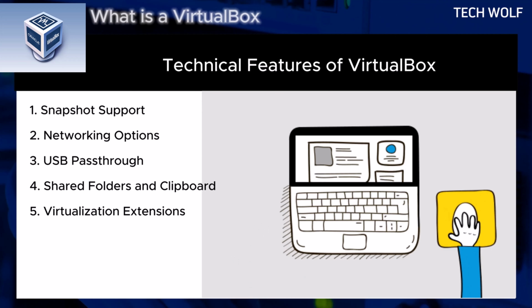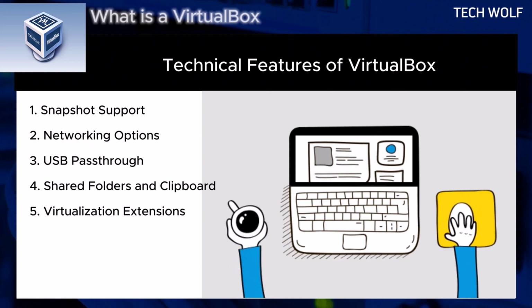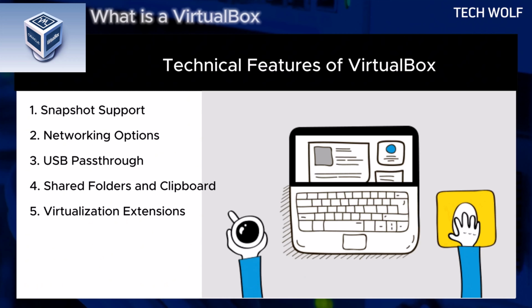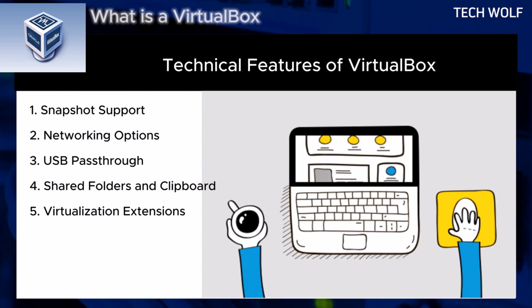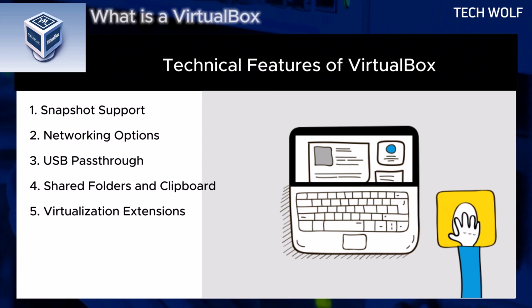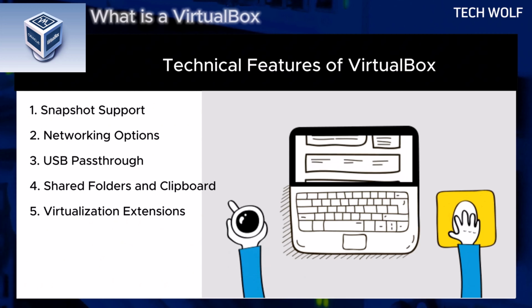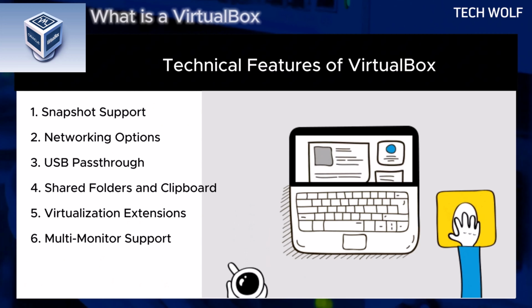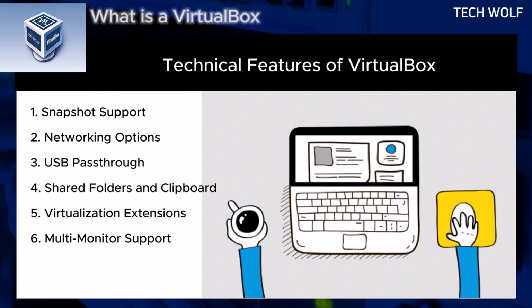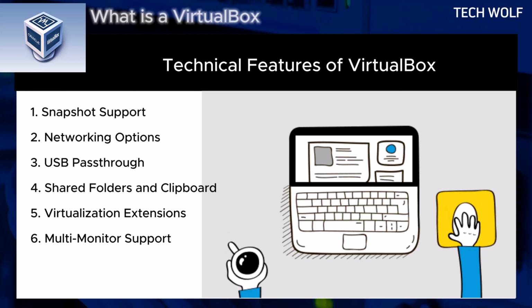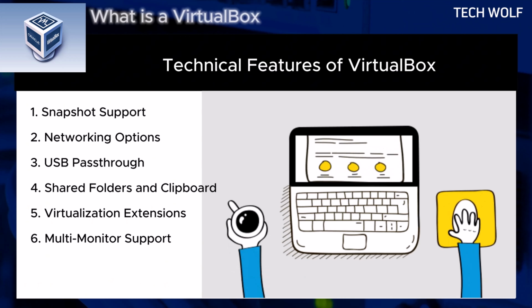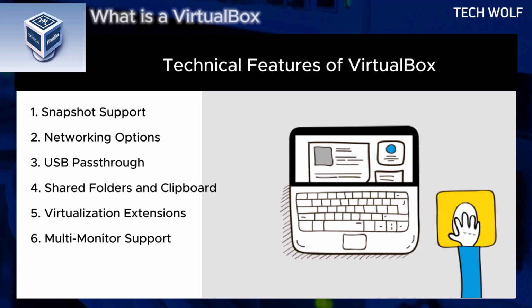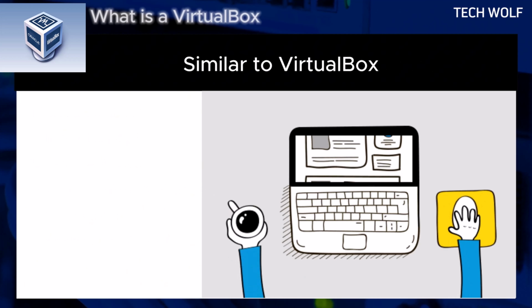VirtualBox leverages hardware-assisted virtualization technologies like Intel VT-x and AMD-V for better performance, making it possible to run more resource-intensive workloads. Multi-monitor support. VirtualBox can allocate and display multiple monitors for a single VM, which is especially useful for complex applications that benefit from more screen space. And here is the similar virtualization software.